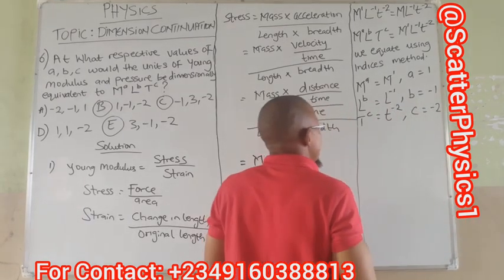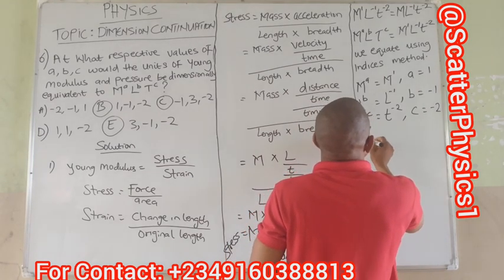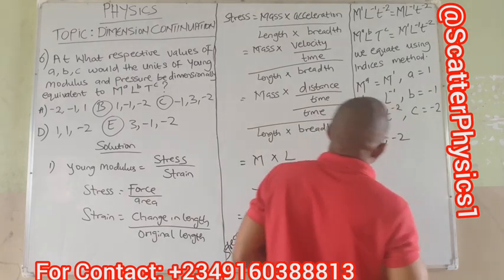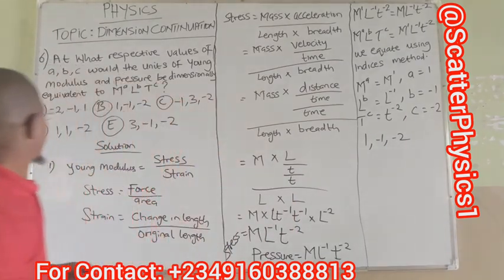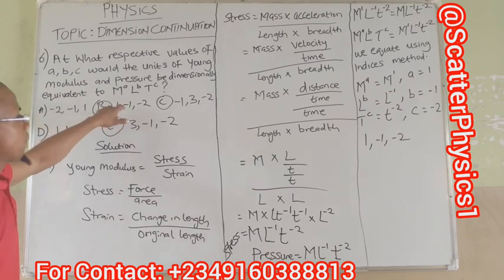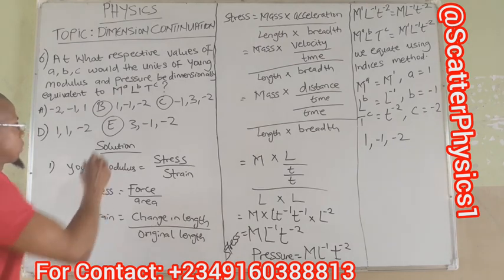So we have 1, minus 1, minus 2. Let's see what the answer is. The first one, minus 2, minus 1, 1, no. Second one, 1, minus 1, minus 2, yes. So the answer is B.